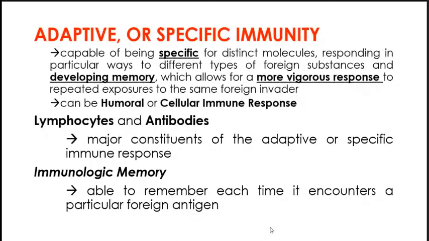Once you have been exposed to an antigen and have developed the antibody for it, if the same antigen repeats in the future, our antibody already recognizes it. The major constituents of adaptive or specific immune response are lymphocytes and antibodies. This is our immunologic memory. They are able to remember each time they encounter a particular foreign antigen. That's why we say lifelong immunity.